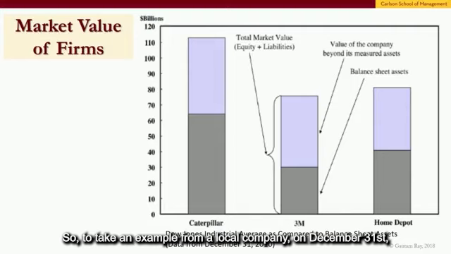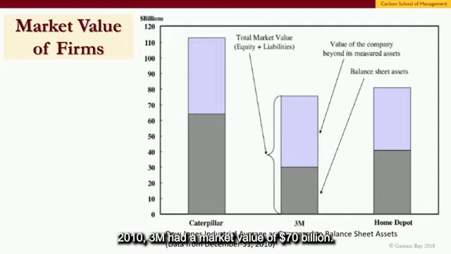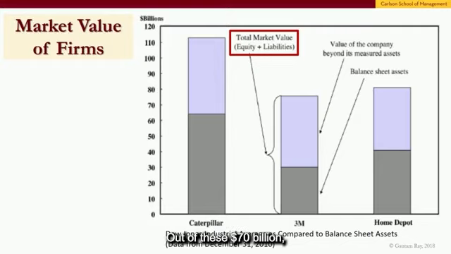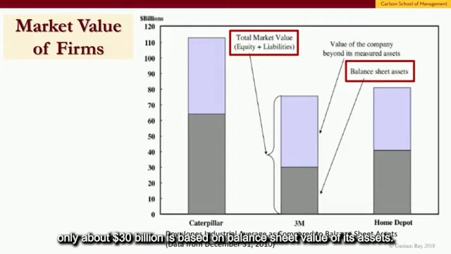So, to take an example from a local company, on December 31st, 2010, 3M had a market value of $70 billion. Out of these $70 billion, only about $30 billion is based on balance sheet value of its assets.